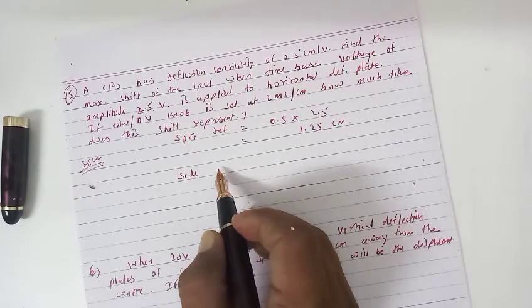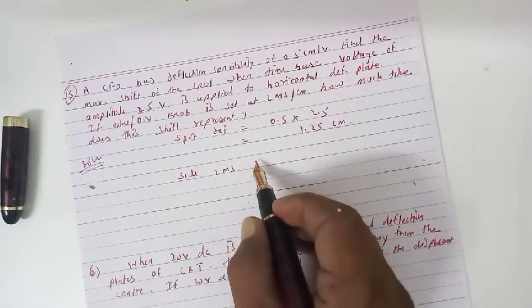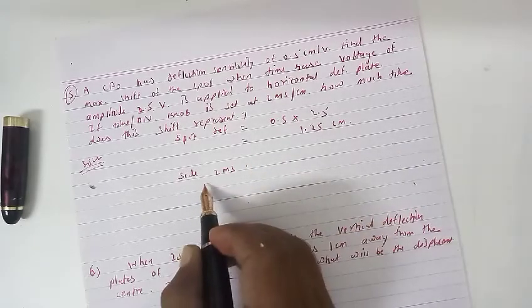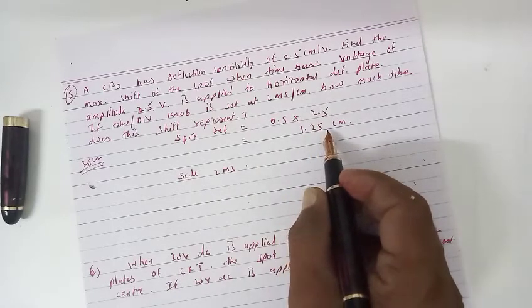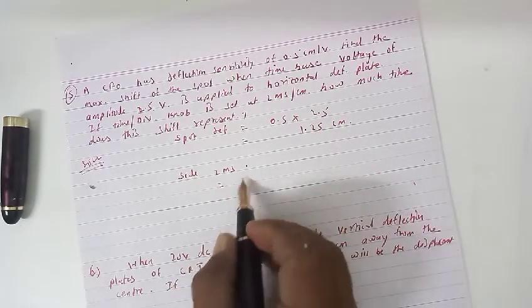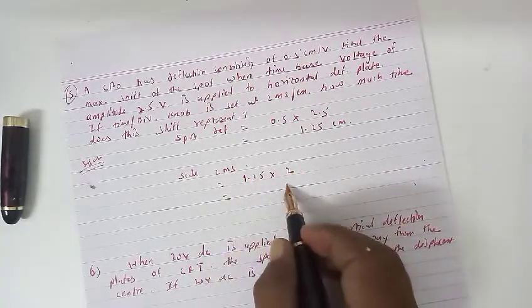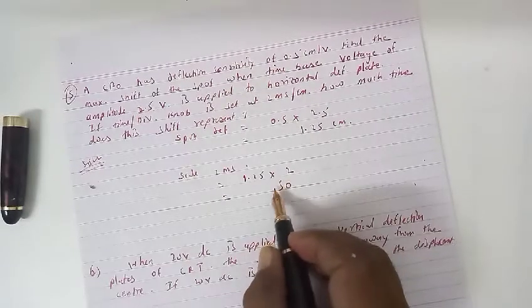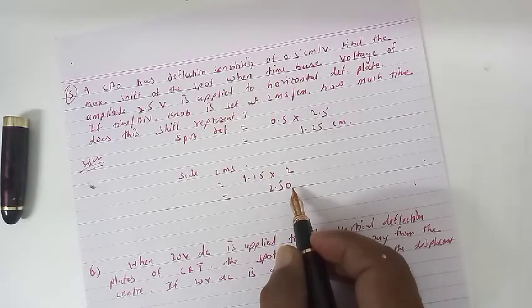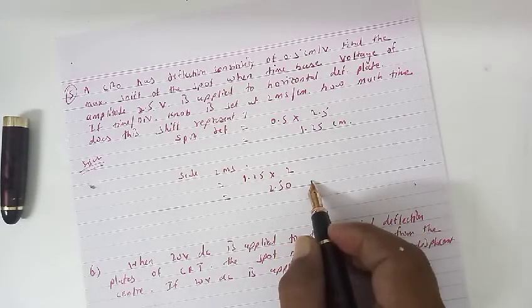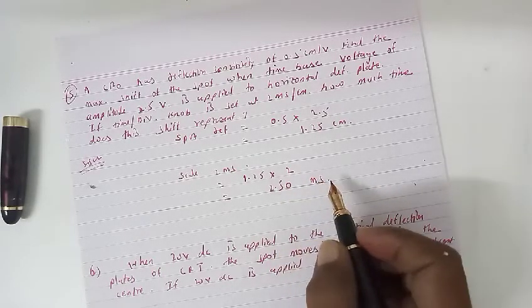So 2 millisecond, and the value of the spot deflection is 1.25. It means 1.25 multiplied by 2, you will be getting 2.50. So this much millisecond is required for this particular shift.